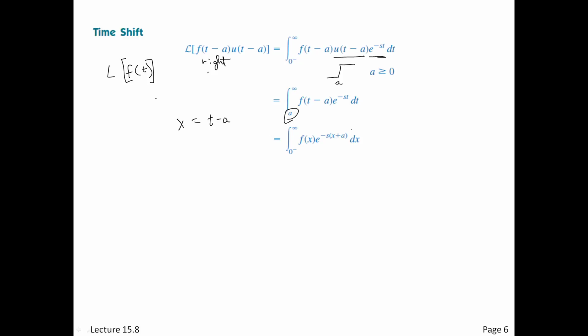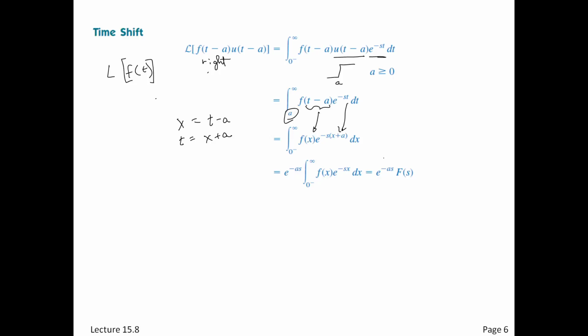So if we say x is t minus a, then t is equal to x plus a. So there's just that substitution going on, where x is a translated t.